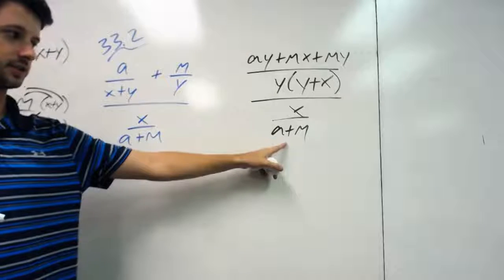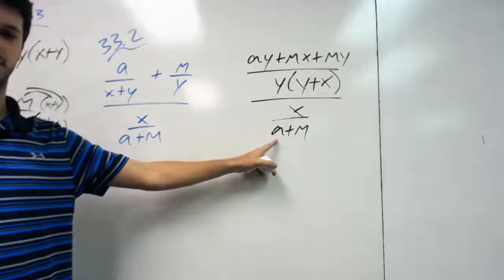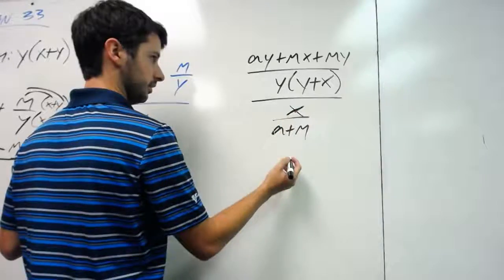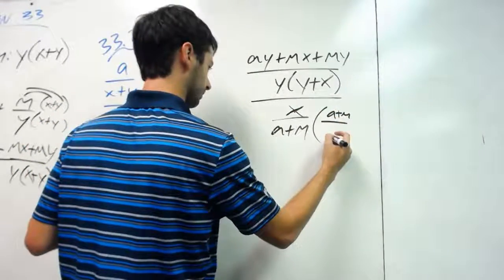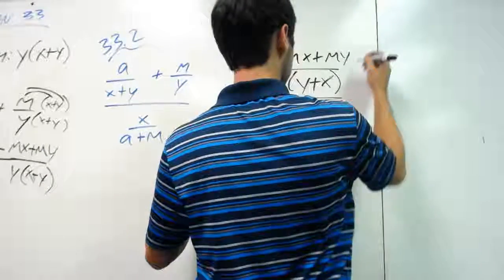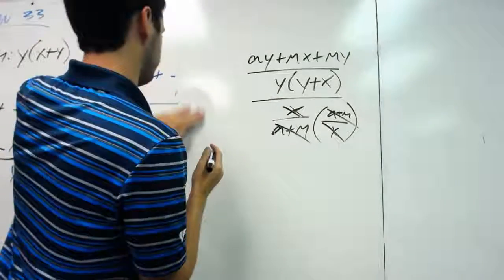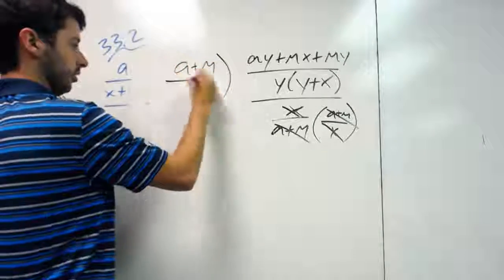Well, there's only one fraction here, so you don't have any common denominators to find. All we've got to do is multiply by the reciprocal. The reciprocal here is a plus m over x, and these cross out, multiplied on top as well, a plus m over x.